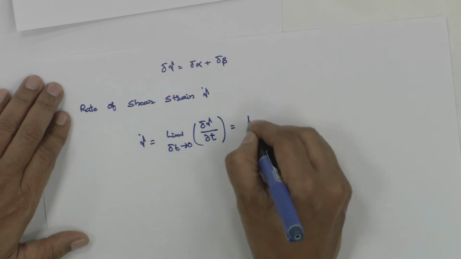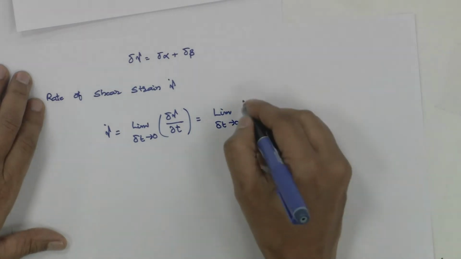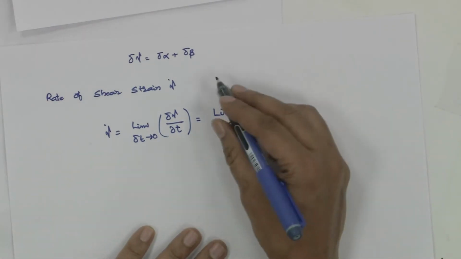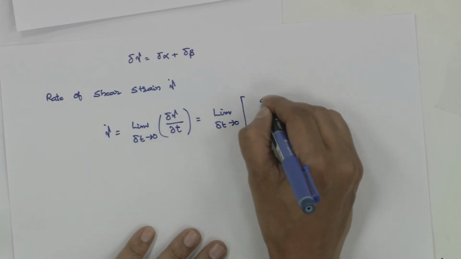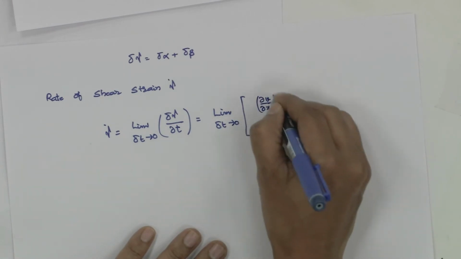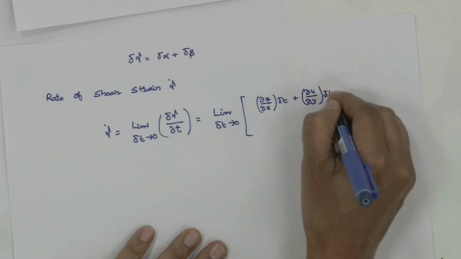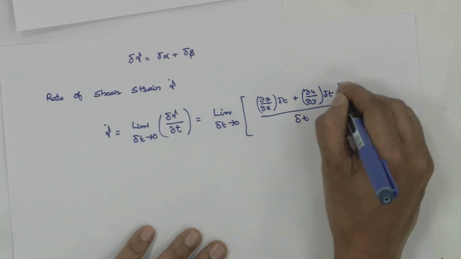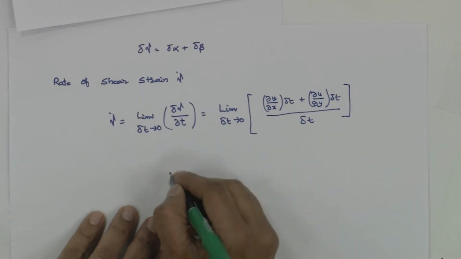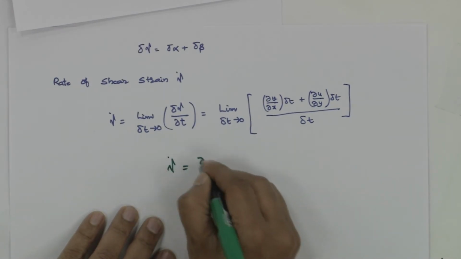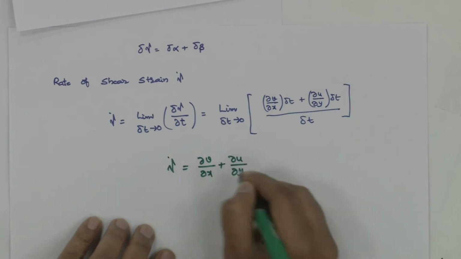So limit as Δt tends to 0, Δγ is Δα plus Δβ. Δα we have just derived, that is ∂v/∂x Δt plus ∂u/∂y Δt upon Δt. So you get γ dot as ∂v/∂x plus ∂u/∂y.